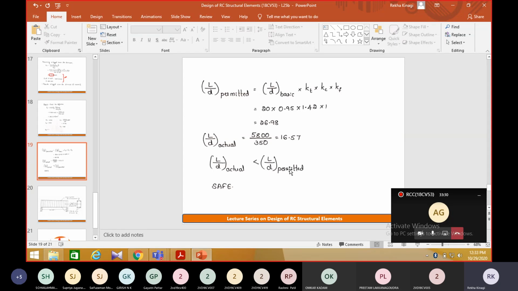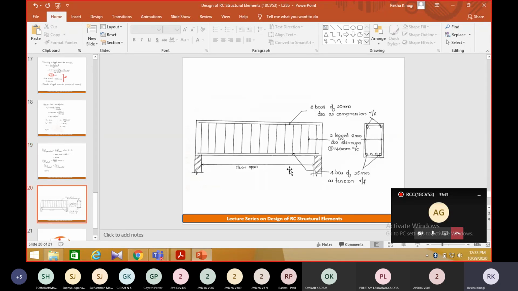So here we end up with the design of doubly reinforced rectangular section beam, only the numerical part, but still we need to do the detailing, or we need to show the reinforcement details in the longitudinal section as well as cross section.